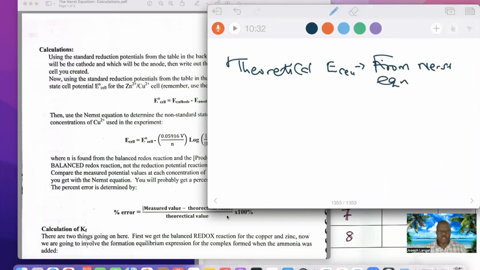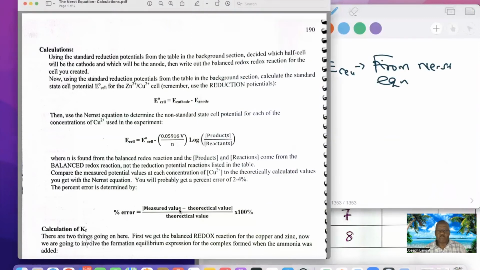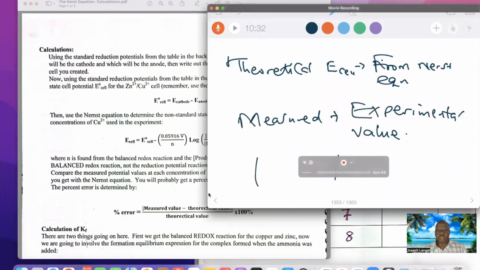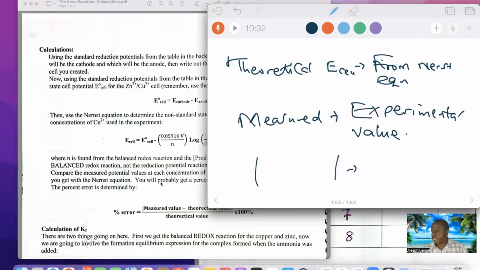And then, of course, measured is the experimental value. You know, this means absolute. You just have to make it positive. This means absolute. You will change it to positive, whichever is small.